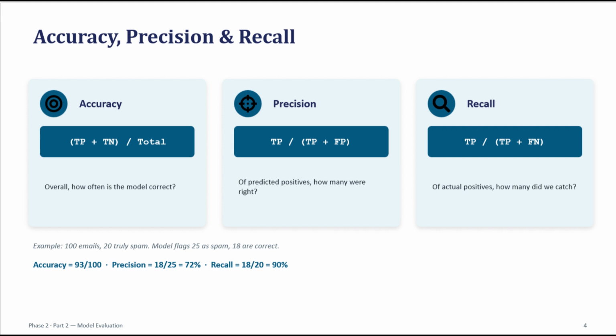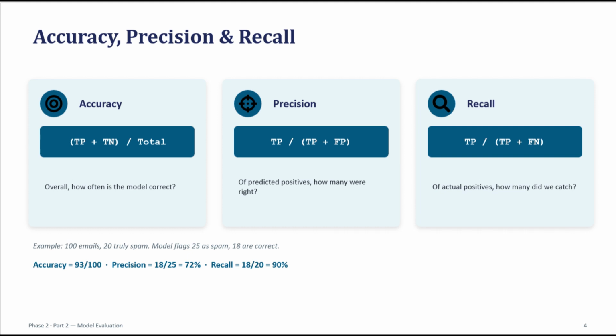That's why we also need precision. Precision asks, when the model predicts positive, how often is it correct? High precision means very few false alarms. Then comes recall. Recall asks, out of all actual positive cases, how many did we successfully detect? High recall means we rarely miss important cases.